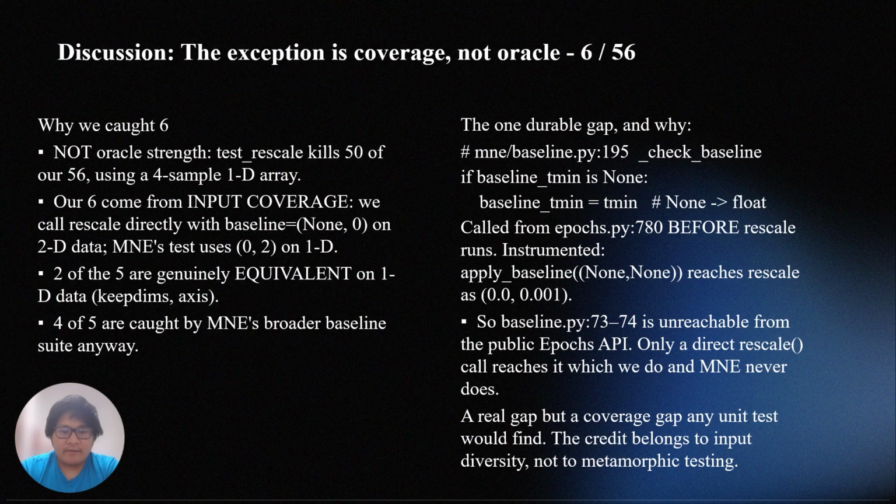Along with that, it's believed that 4 of 5 are caught by MNE's other, broader baseline testing cases anyway. So that's an issue with the metamorphic relation. It's not something to be done by itself. It's great to be used in addition to other testing methods, which is what MNE-Python already has. As you can see on the right, it mentions what really happened there.